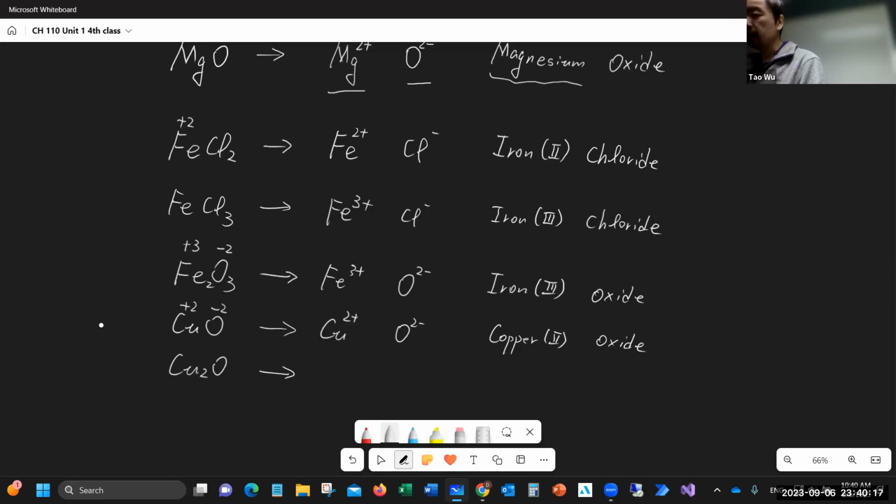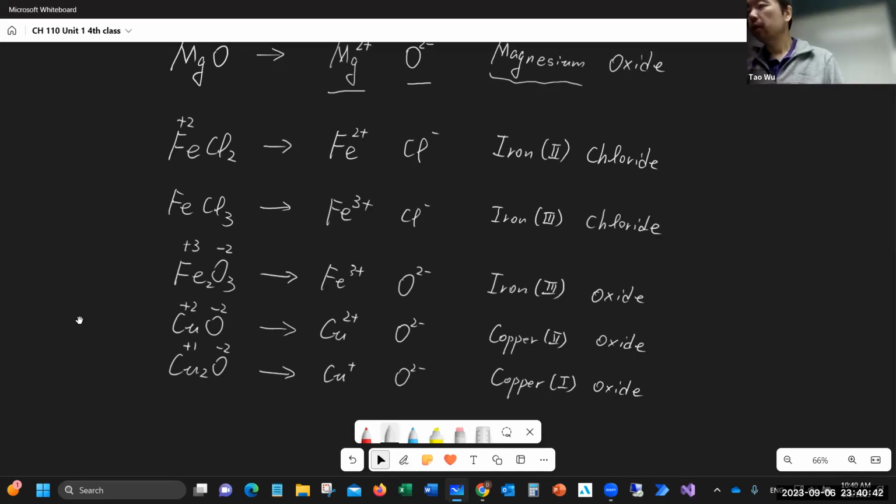And then here oxygen is still 2 negative, but we have 2 coppers to balance it, so each copper should be 1 positive. So this one is copper 1 oxide. Now are you clear? Okay, yeah.